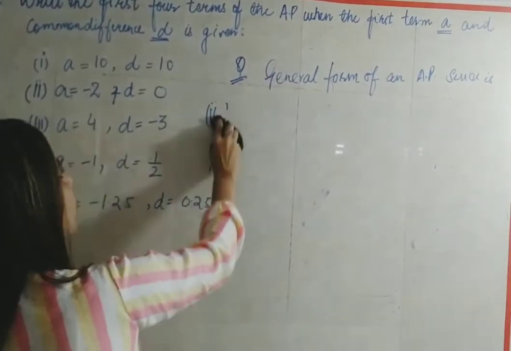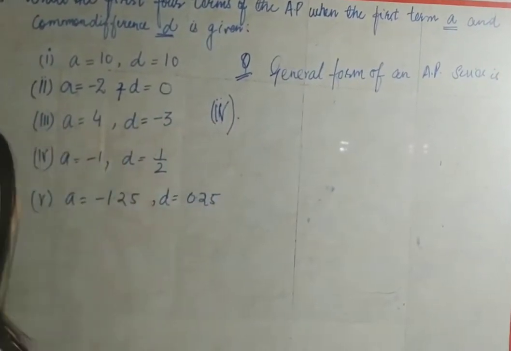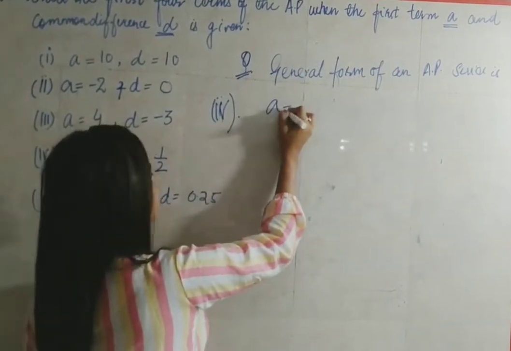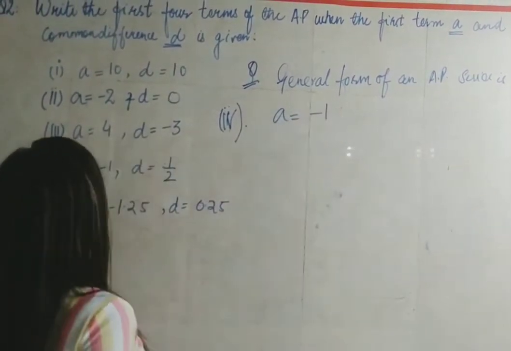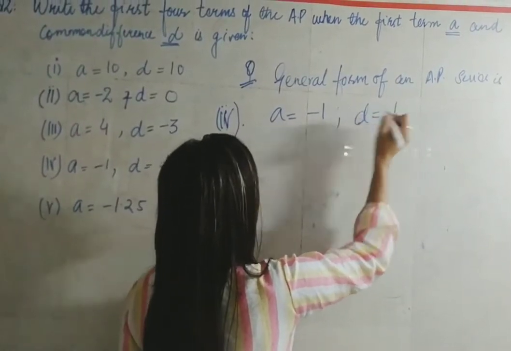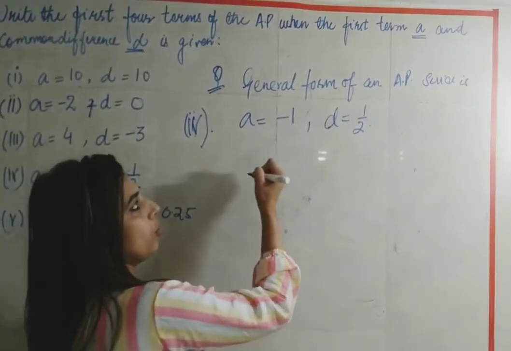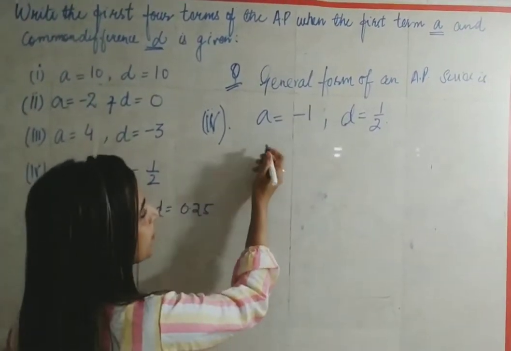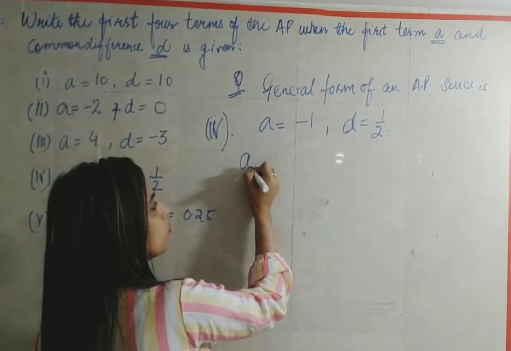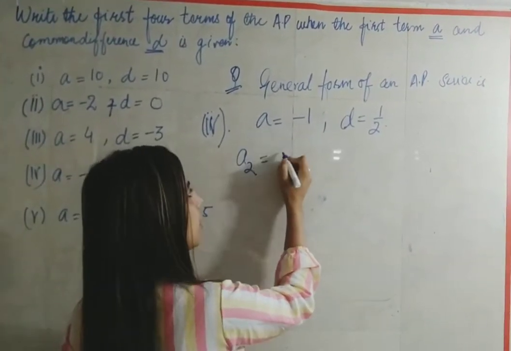Now let's solve part 4. So here A is equal to minus 1 and D is equal to 1 by 2. It is in fraction basically, so no need to worry here. So A2, in a similar manner we'll solve this part also.